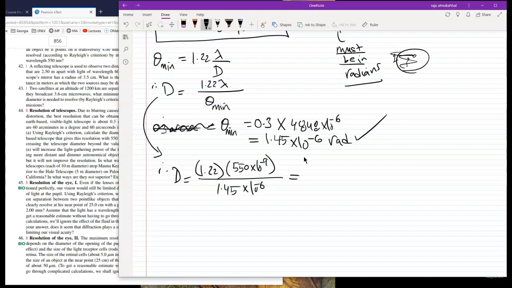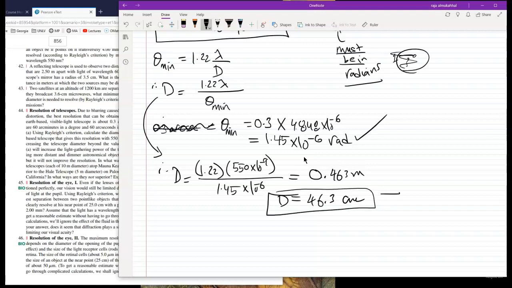We plug in all of that, and you'll end up with the diameter of the objective lens being 0.463 meters, which is pretty big, 46.3 centimeters. It's almost half a meter, half a yard. The width of the aperture. Okay, all right, fine.